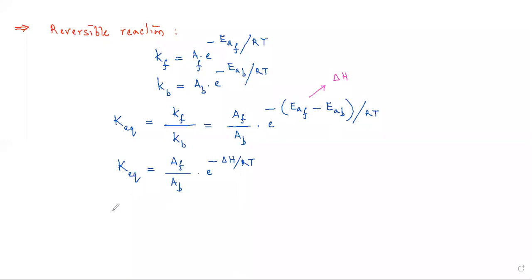Then taking log on both sides, log K equilibrium is equal to log AF by AB minus delta H by RT.